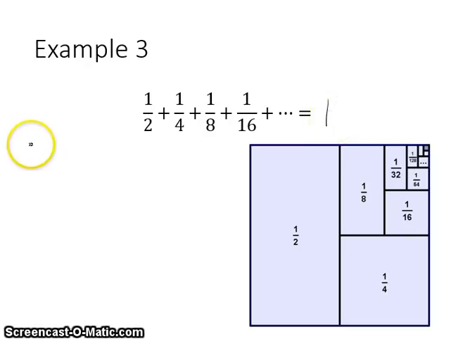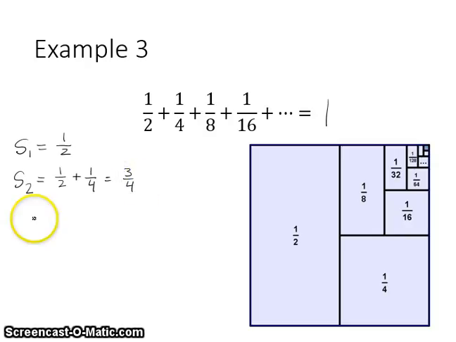If I look at that sequence of partial sums again, the first sum would be 1/2 because that's the first term. The second sum, and this time I'm not going to change to decimals, I'm going to find a common denominator, would be 1/2 plus 1/4, which is 3/4. For the next term, I'm going to add an eighth on, so I'm going to change 3/4 to 6/8 plus 1/8. So the next one would be 7/8.